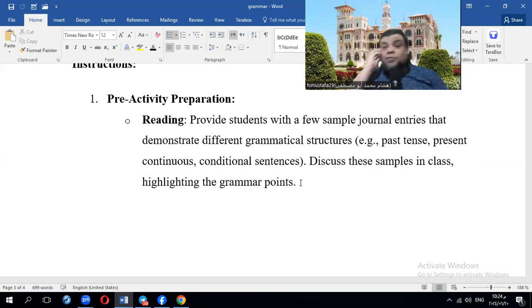So now, after reading, I have an idea about how to use past tense, present continuous, conditional clauses in writing journal entries. When I'm reading, I can understand how these structures are already used in a real life situation.